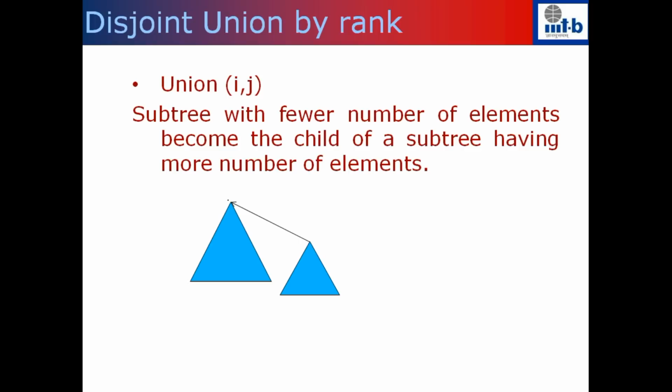You want to merge these two sets and make them one set, which in our tree representation means making one the child of the other. So instead of two trees, we will now have only one. If you have to merge two trees, make the subtree with the smaller number of nodes the subtree of the bigger one. This is union by rank.